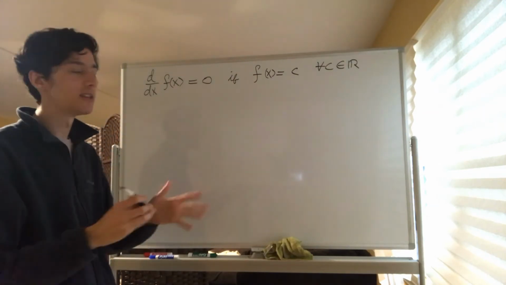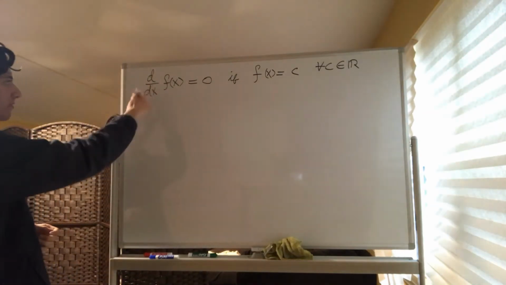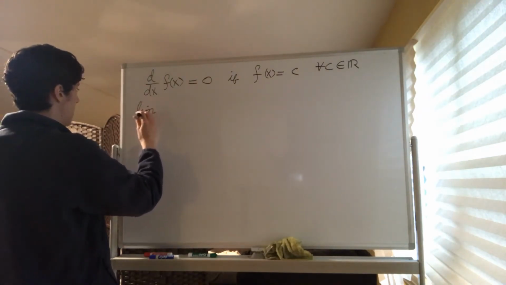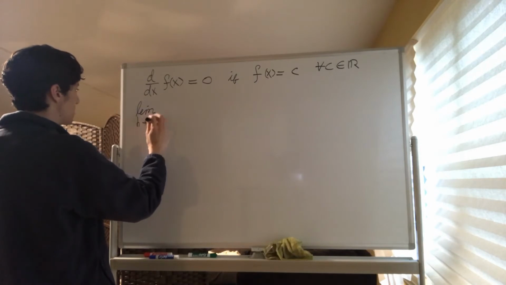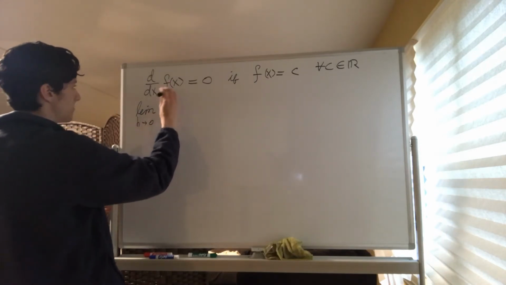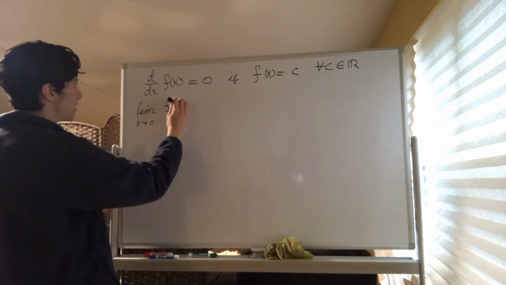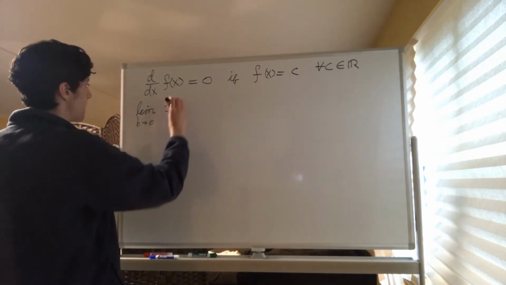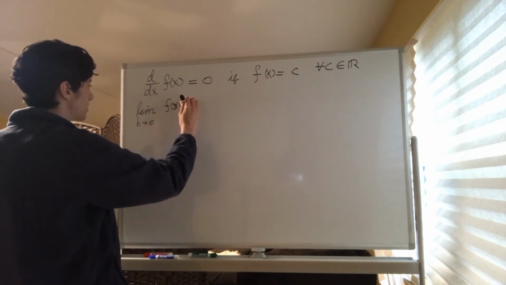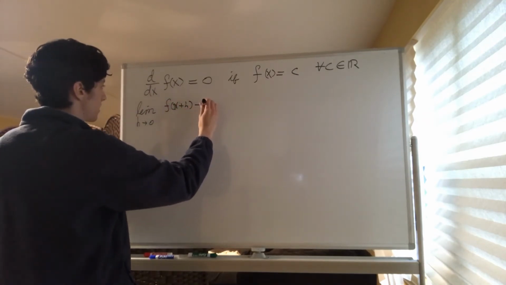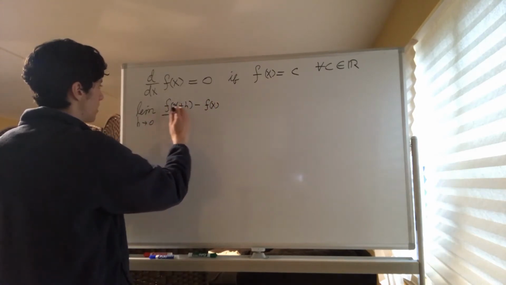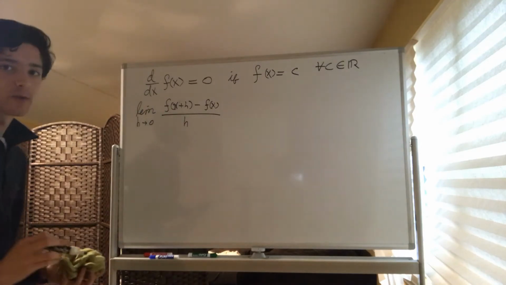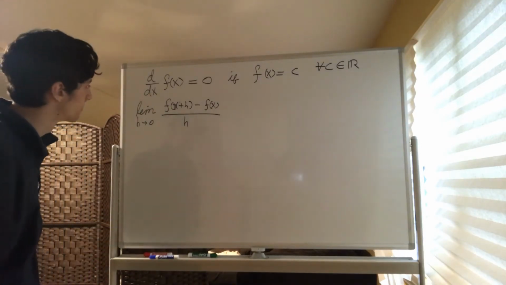First of all, let's look at the limit definition of our derivative here. So we're looking at the limit as h approaches 0 of, I'll just write before converting, f of x plus h minus f of x, all divided by h. Now, of course, we can make substitutions.